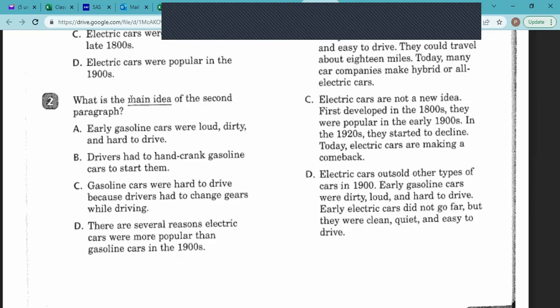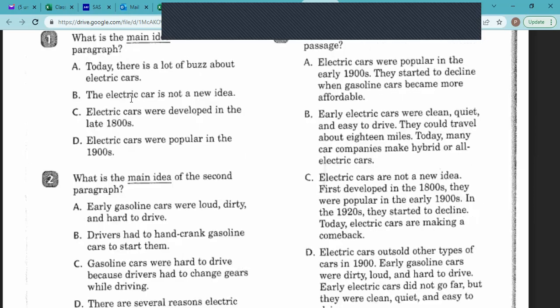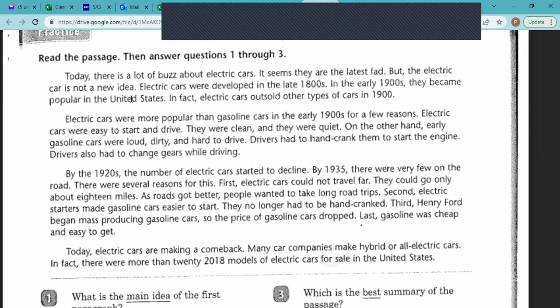C, gasoline cars were hard to drive because drivers had to change gears while driving. Or D, there are several reasons electric cars were more popular than gasoline cars in the 1900s. So you're going to take a look at the second paragraph. All right, pause your screen.